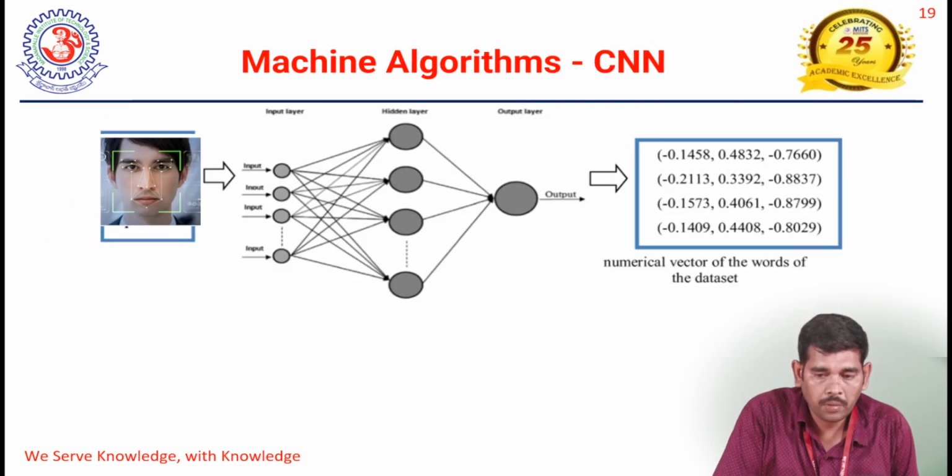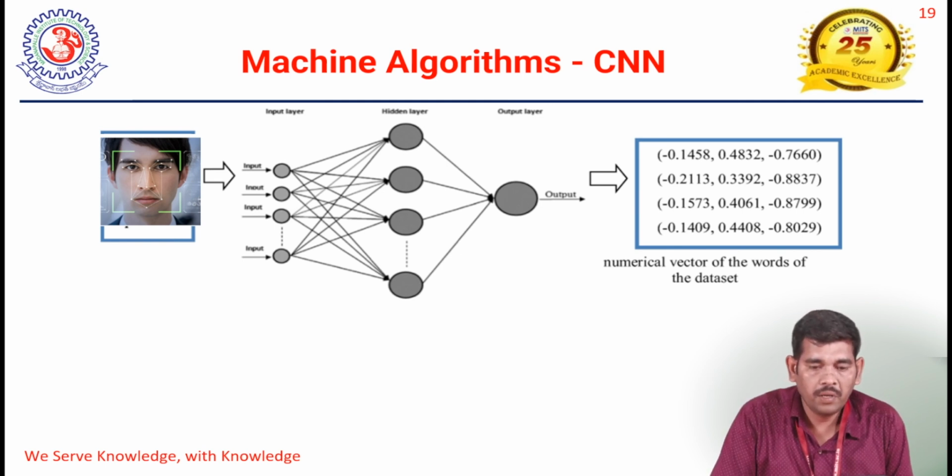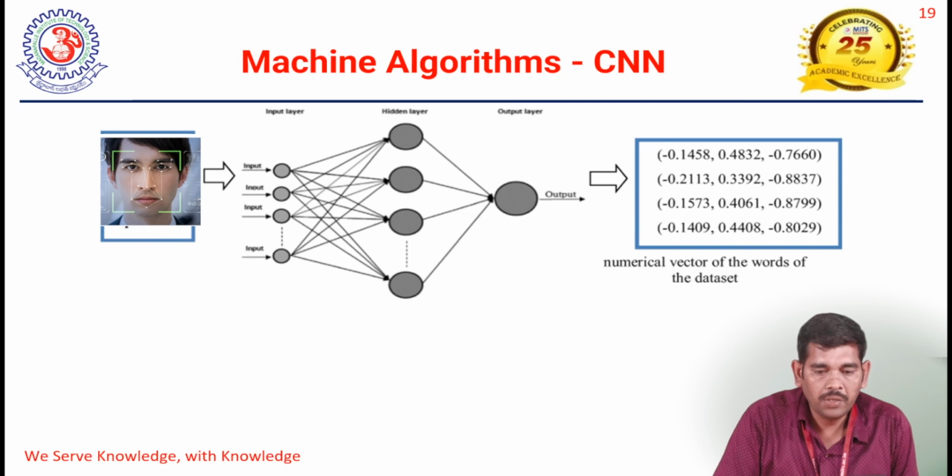The next step after face detection is face recognition, which is feature extraction. You recognize the face with points for the eyes, nose and mouth. Then you convert them into a vector. There are a few examples of CNN algorithms for face recognition.